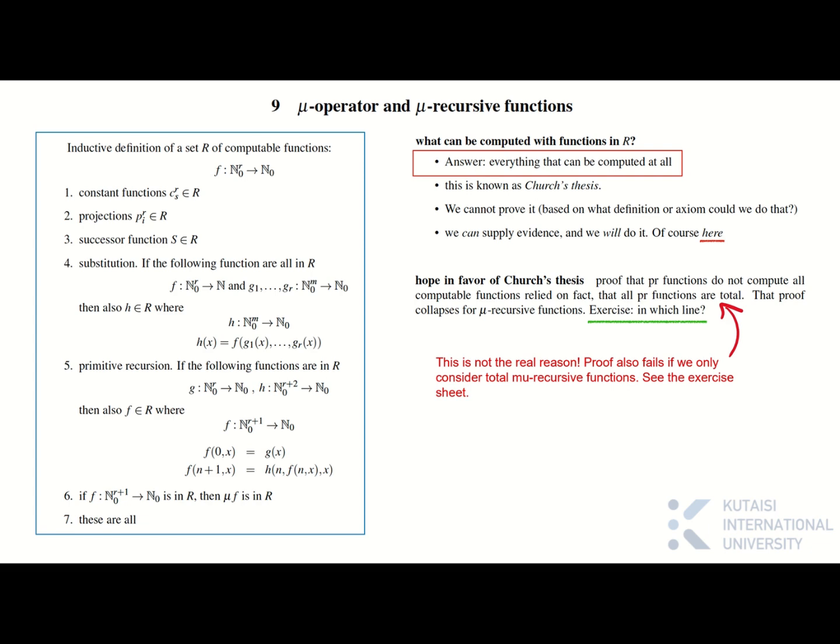And this is the Church thesis. Because we do not have a definition of computability, how would we even prove this? However, we take this as a definition of computability, and the fact that this definition is good, and coincides with our intuition, is the Church thesis.